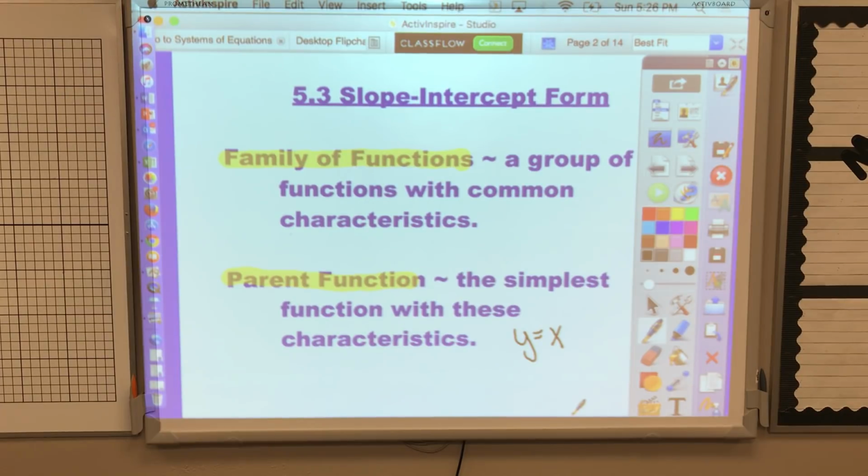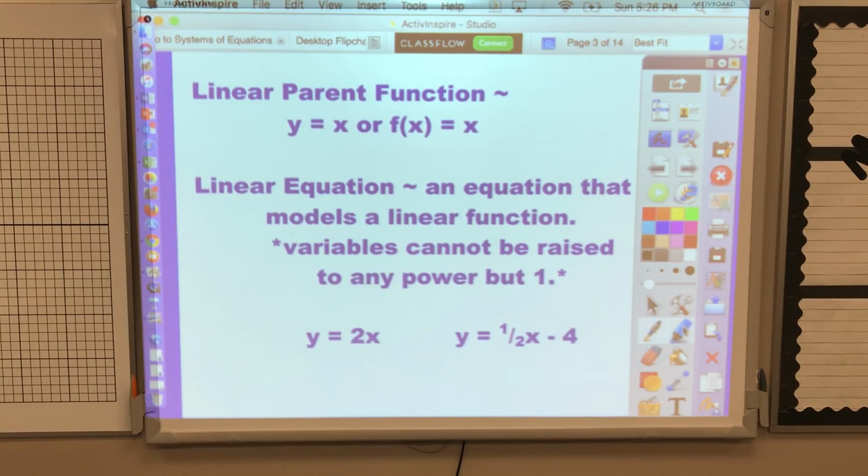There are no actual numbers in it besides the coefficient of 1 on both the y and on the x, which makes it the most basic function there is. So this is called a parent function. It is the linear parent function. So y equals x, or in function notation, remember, this one just has the f of x symbol instead of the y: f of x equals x.